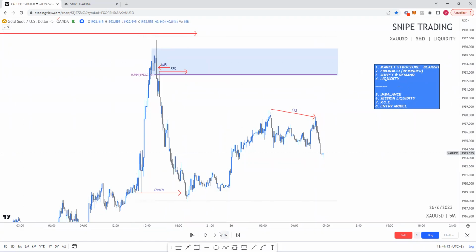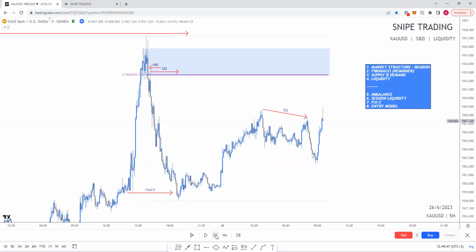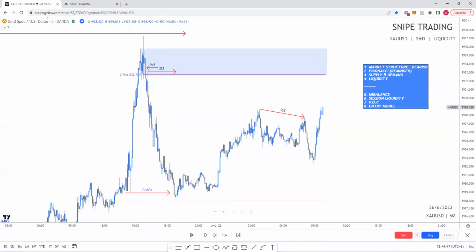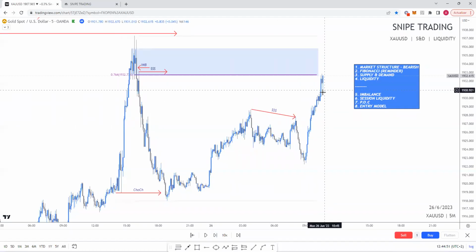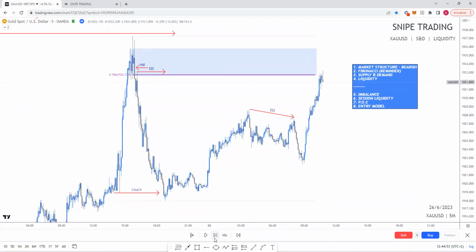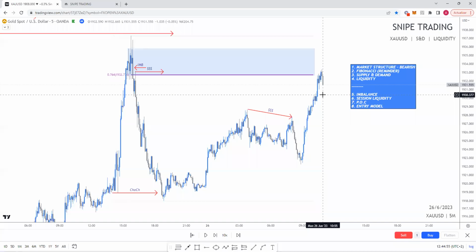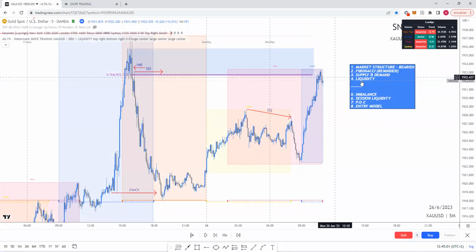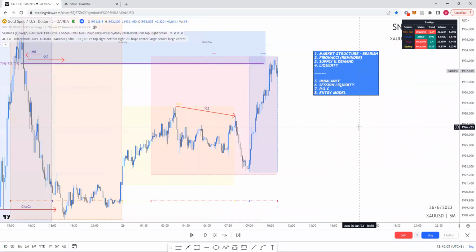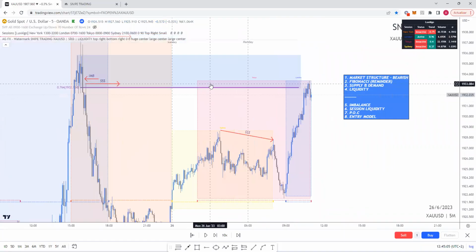Session liquidity. So if we just go until 11 a.m. The Asian high was left right here. So at this point, price did already mitigate this liquidity.